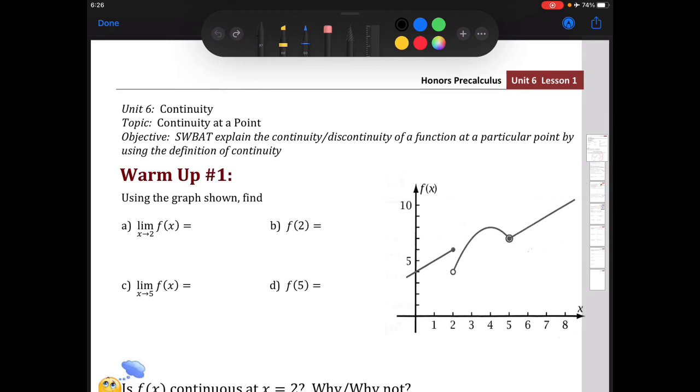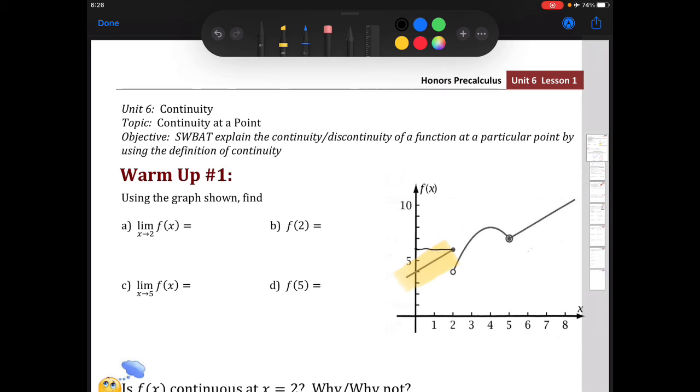So the graph is given to us and we have to find the answers to the questions. So part A, it says limit as x approaches 2 of f of x. As x is approaching 2, from the left it is approaching 6, right? It is 6.